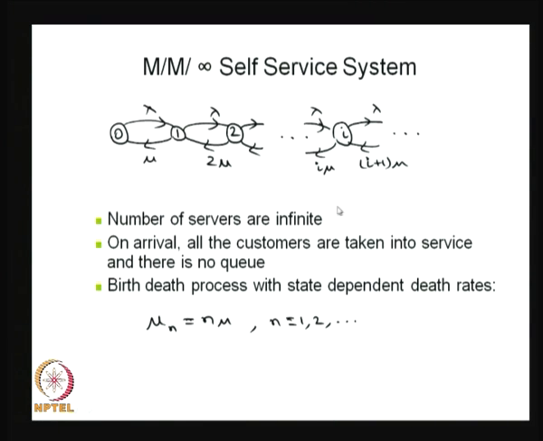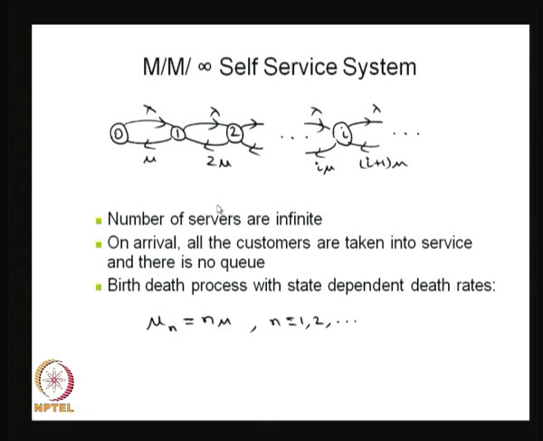The fifth model, that is MM infinity. It is not a queuing model because the servers are infinite, unlimited servers in the system. Therefore, the customer whoever enters will get service immediately. The service will be started immediately, whereas the service time is exponentially distributed with the parameter mu by each server.